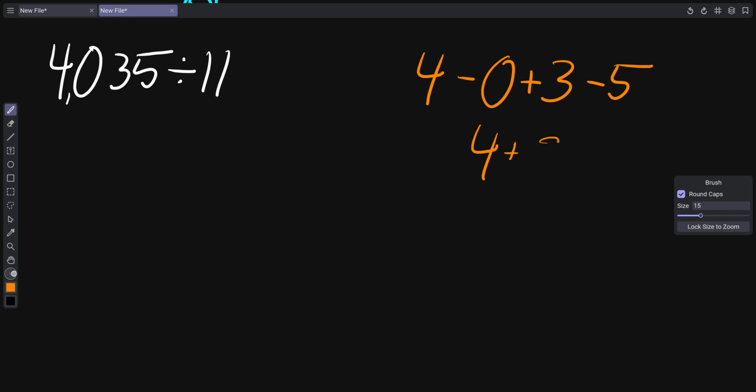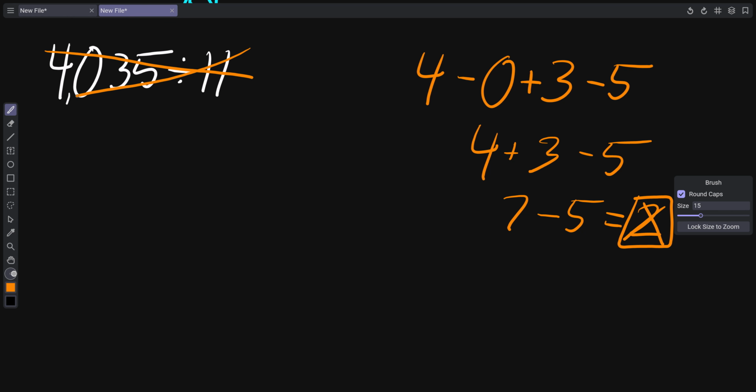And then we put plus 3 minus 5. 4 plus 3 equals 7, and 7 minus 5 equals 2. And 2 is not a multiple of 11, and therefore we know that we could not evenly divide 11 into 4,035.